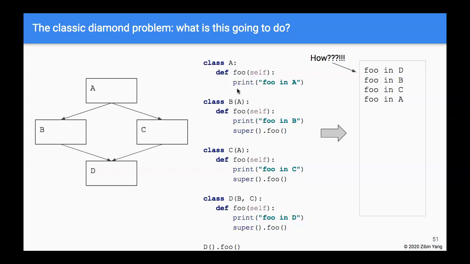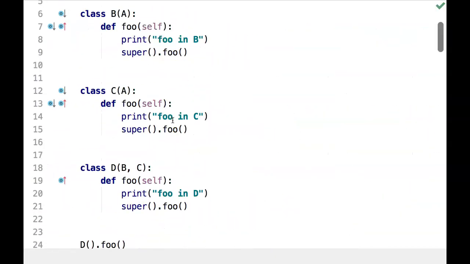All of these classes define a foo method that prints out the class the foo method is in, and then calls super().foo(). Except class A, which is at the top of the hierarchy, so it doesn't do any super foo call. Now, when we instantiate an instance of D, at the bottom of the inheritance hierarchy, and we call the foo method, and I actually did do that here.